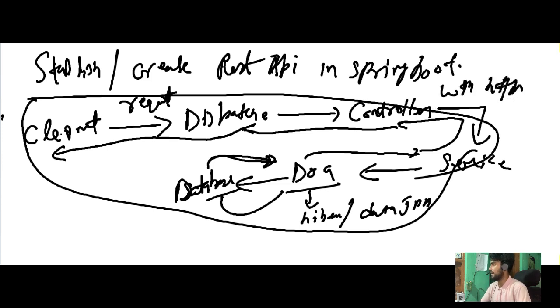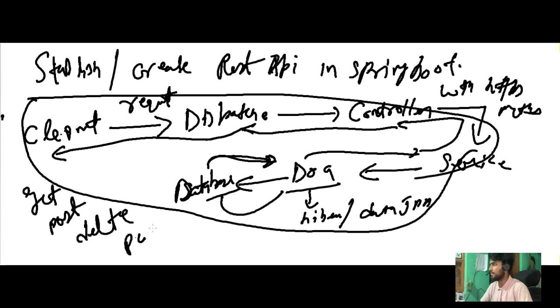HTTP methods are GET, POST, DELETE, PUT. So we understood how we can implement it inside Spring Boot REST API.